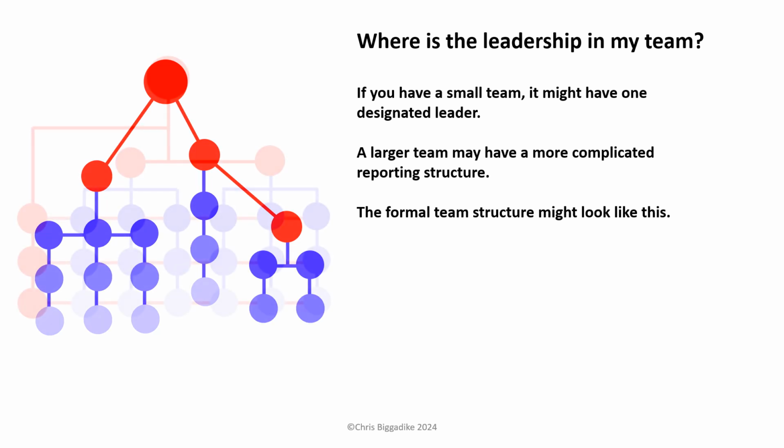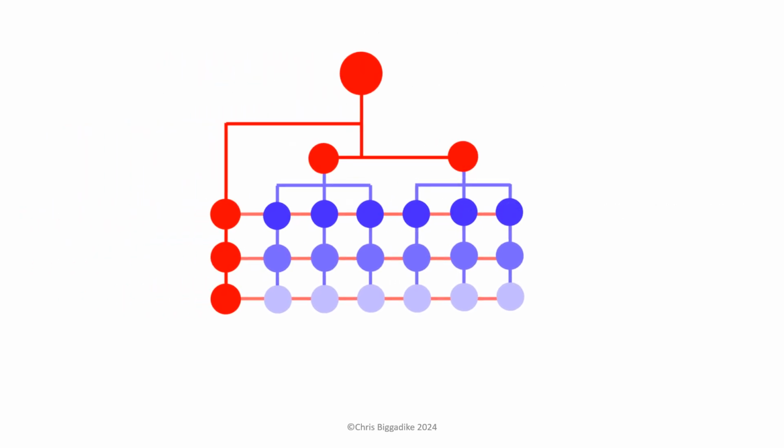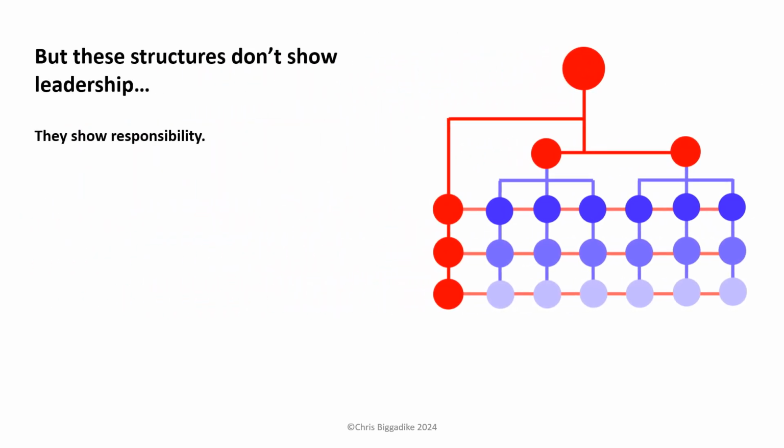The formal team structure may look like this. In this diagram, every red dot is a leader. But these structures don't show leadership. They show responsibility. That is important, but it's not what we're interested in right now.